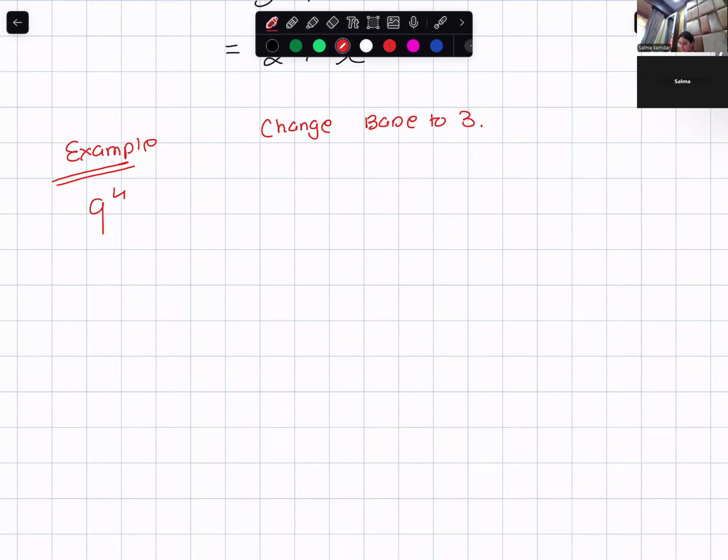How will you do it? So 9 can be written as 3 squared, to the power 4. 2 into 4 is 8. So this can be written as 3 to the power 8.